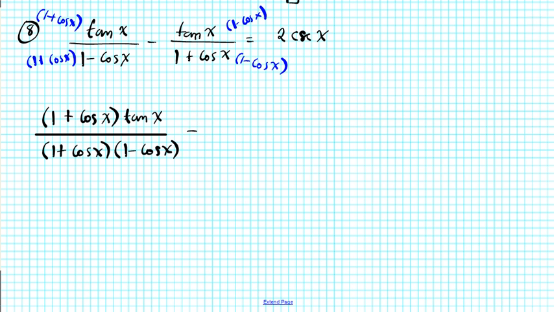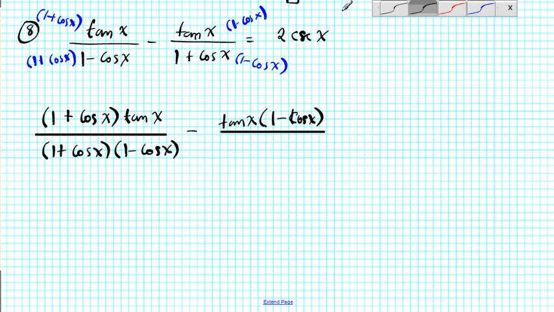Alright? And then on the right side, we're going to have tan x times 1 minus cosine x, and then divided by 1 plus cosine x, 1 minus cosine x. I'm writing it down so it's clear what I'm doing.